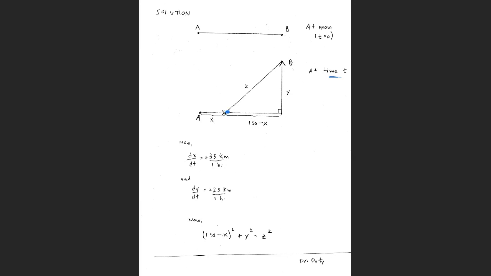It's moved the distance x. And the position of ship B is right here. The distance between them is distance z, that hypotenuse. When they ask how fast the distance between the ships is changing at 4 p.m., they want you to find dz/dt. Are you comfortable with that? Are there any questions on that?